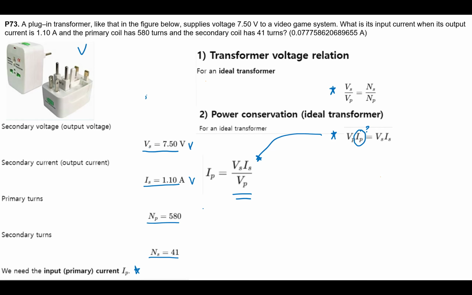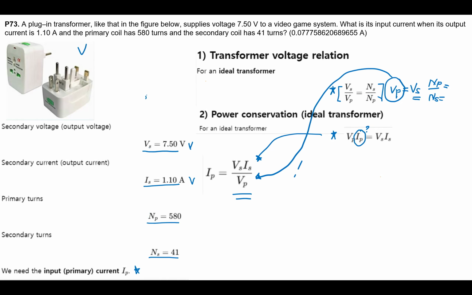The primary voltage can be found from this. Vp is given by Vs minus the drop. So Vs is known, and the drop is known, so Vp is known. So we get Vp here, and then we can get the primary current.